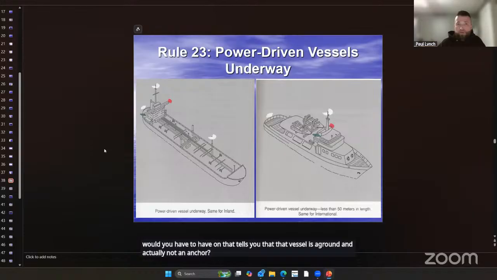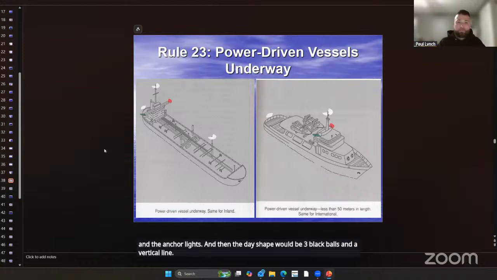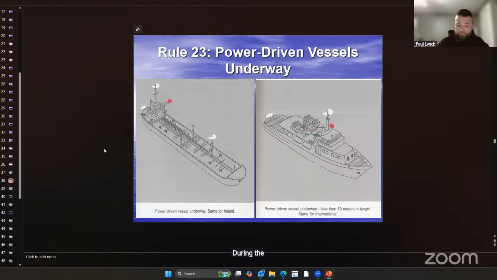There's two other lights besides an anchor light that you would need: red over red for aground, on top of the anchor lights. So an aground vessel would show two all-around red lights in a vertical line and the anchor lights. And then the day shape would be three black balls in a vertical line during the day.